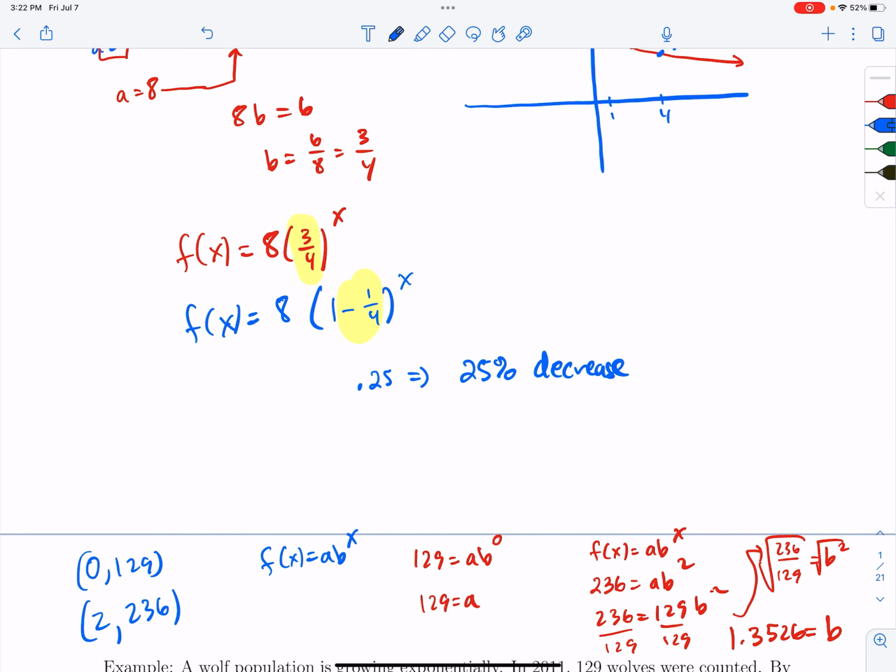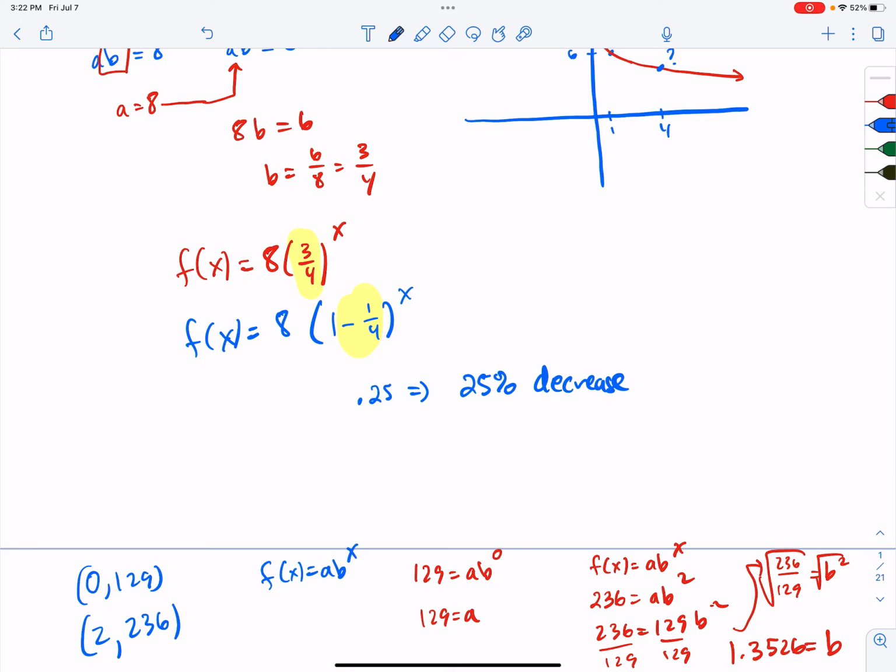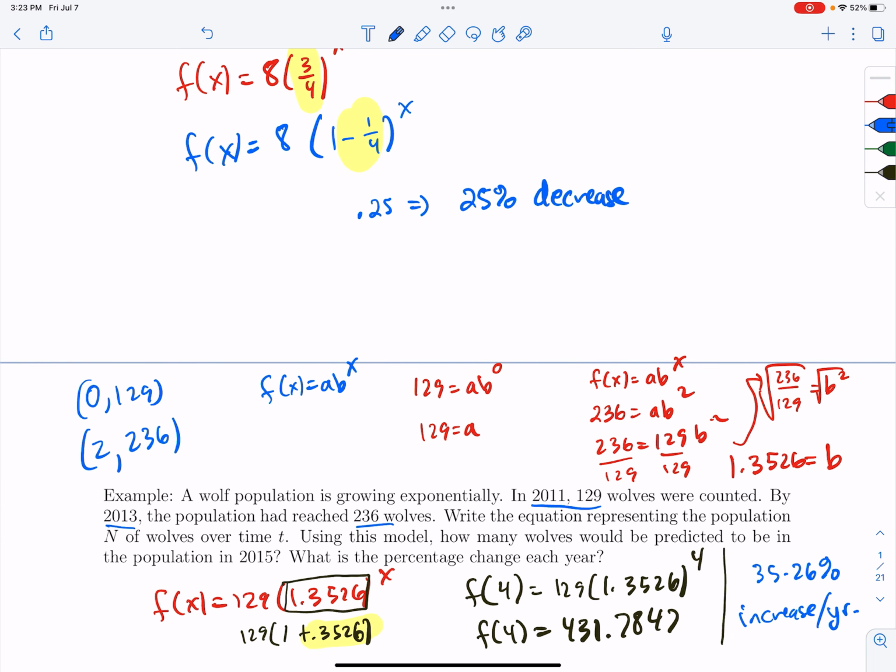So this function is decreasing at 25% each. It's not years, but imagine it was years or minutes or some other unit. And then this wolf question was about a 35% increase. So in general, we could always write a times (1 plus or minus r) raised to the x, and that's how we can get the percentage change right here.